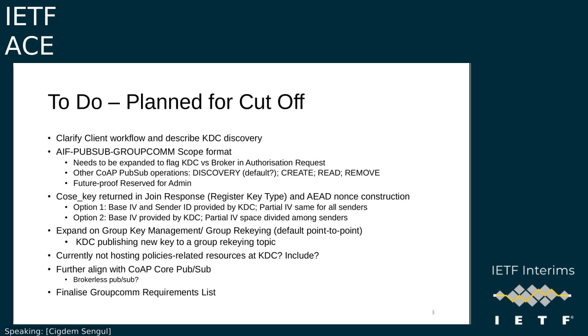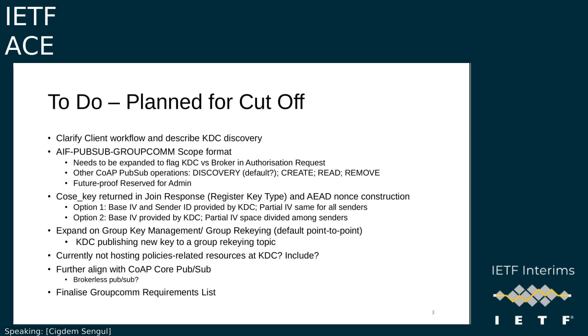The most important part is handling the join response, how the COSE key is returned, and how the nonce construction can be done. We considered two options. Option one was base IV and sender ID provided by the KDC, with the partial IV the same for all senders and set by the KDC again.